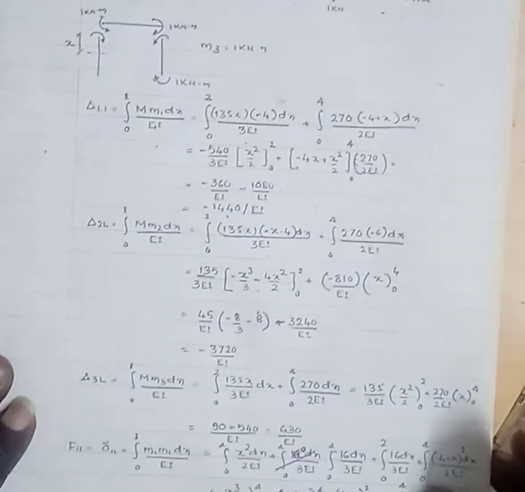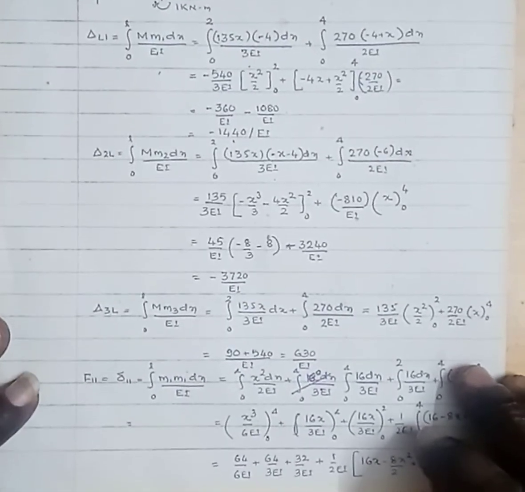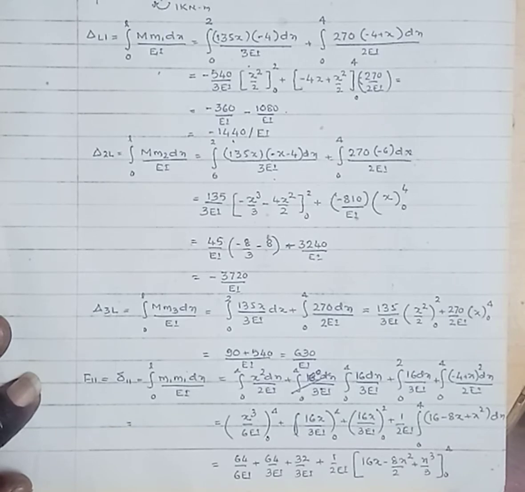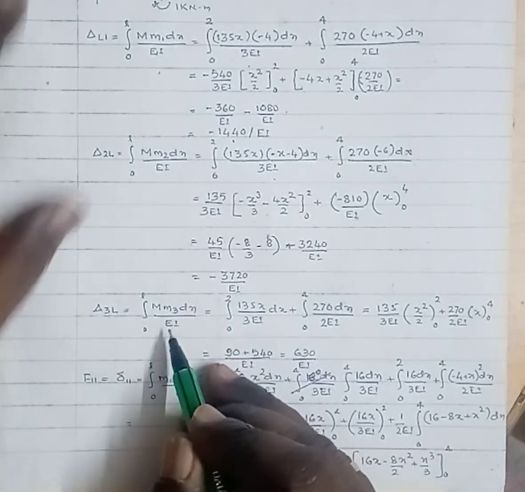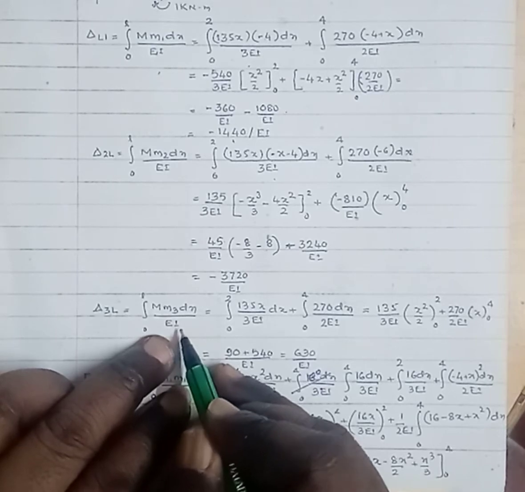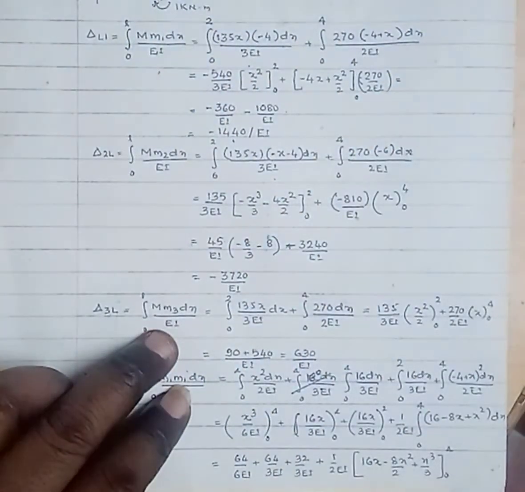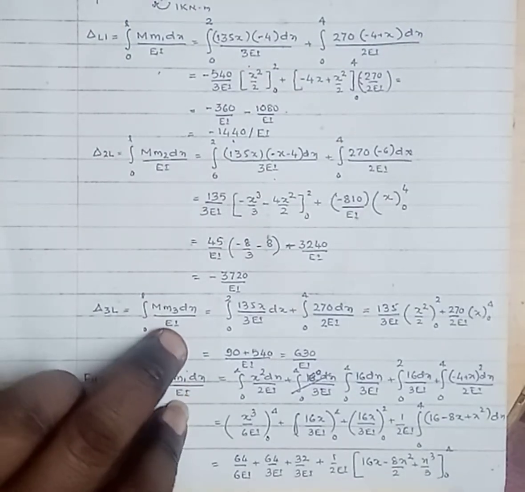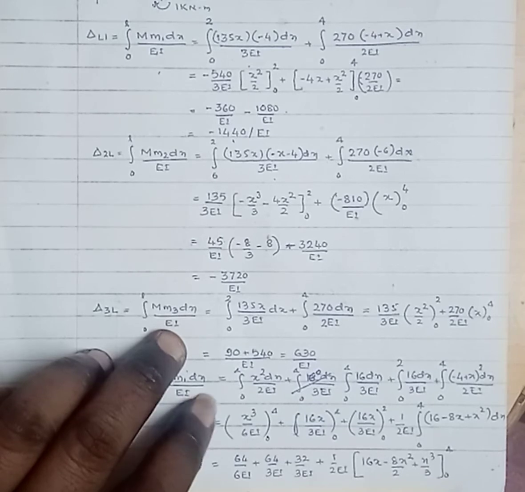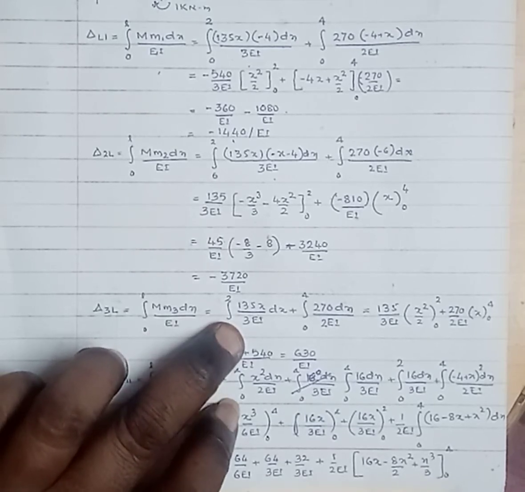Then similarly, we can calculate the displacement at 3 due to the applied load. That one is given by the integral of m into m3 dx divided by EI. For the first portion, that is D to C, there is no external loads, hence the bending moment due to the applied load is 0. In the second portion, that is C to E, no loads are acting, hence the bending moment due to the applied load is 0.